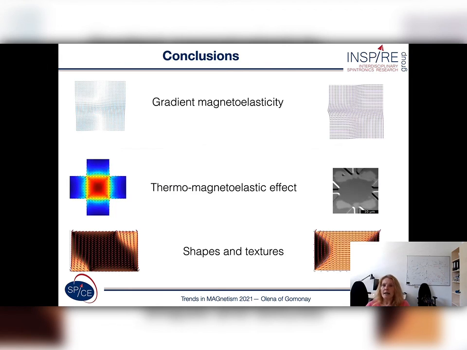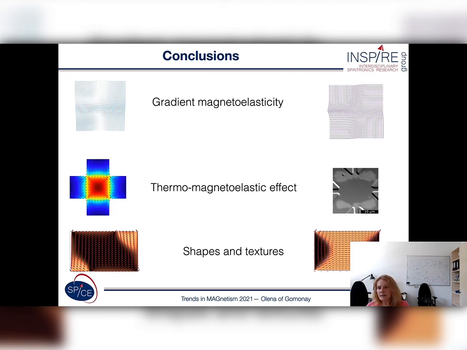With this, I am at the end of my talk. So I introduced the concept of gradient magnetoelasticity, which can be very helpful in prediction of different structures and textures in antiferromagnetic system.